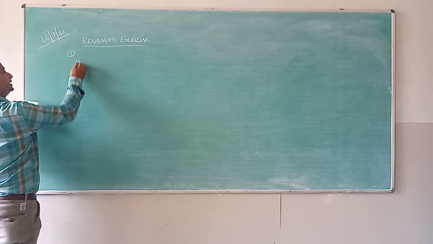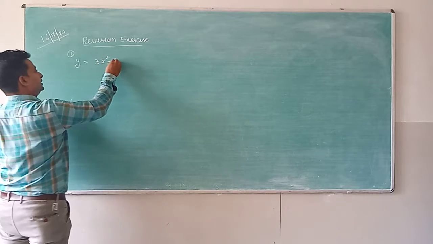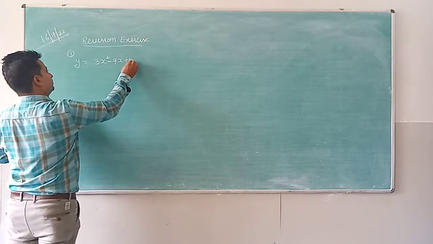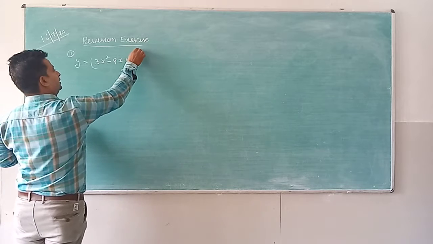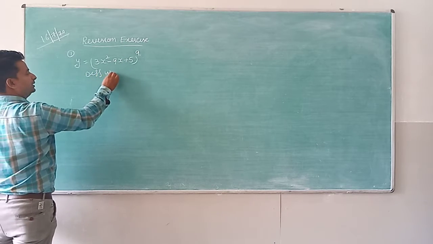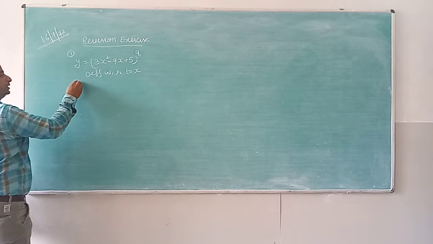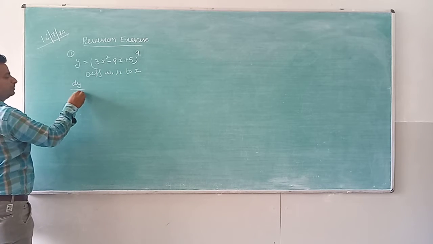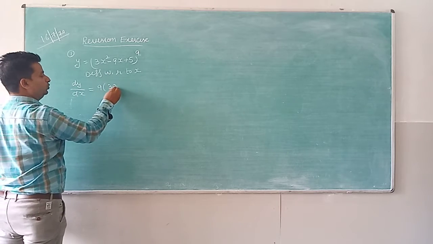In the revision exercise, the first sum is (3x² − 9x + 5)^9. In this we find the derivative, that is dy/dx. For this, we differentiate with respect to x. First we apply the power rule.